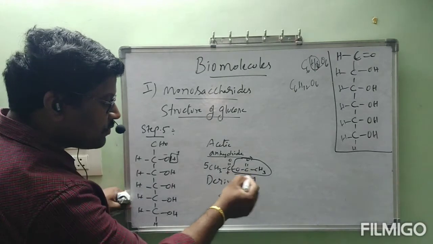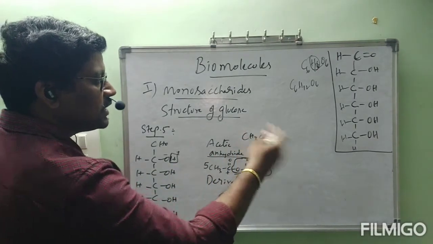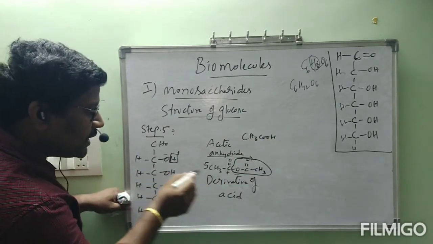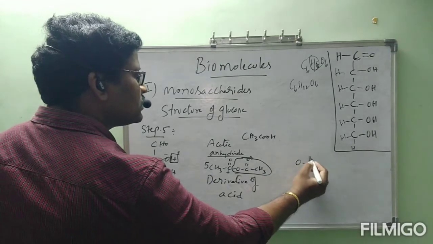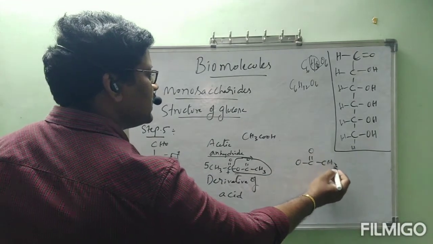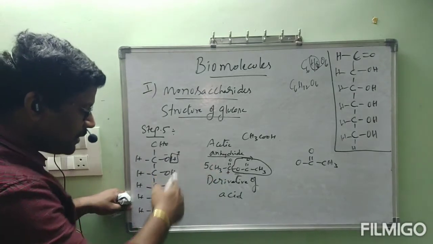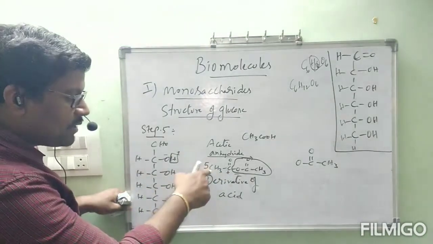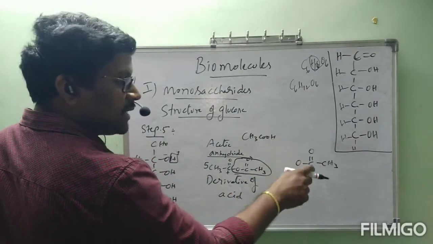The CH3COO minus and H plus will be formed as CH3COOH. Acetic acid is removed. This O minus will attack this C plus to form O-C double bond O-CH3. Like that, how many molecules do we have? 5 molecules, 5 OH groups. So now the structure of pentaacetate: CHO bonded with CH(OCOCH3), and so on for each carbon, ending with CH2-O-C double bond O-CH3.